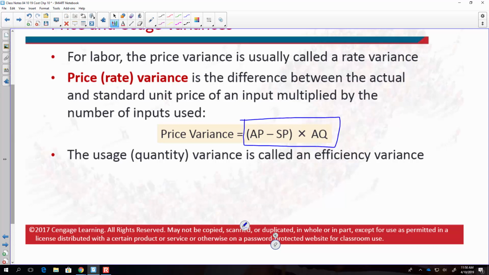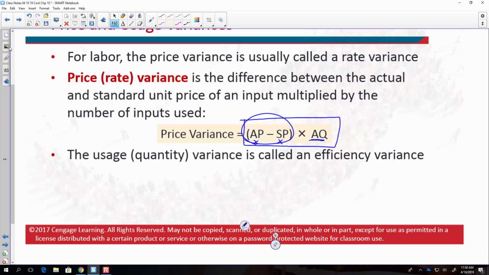So I'm comparing the actual price to the standard price. That difference then is my variance times the actual quantity used. Actual quantity purchased, actual hours used, right?